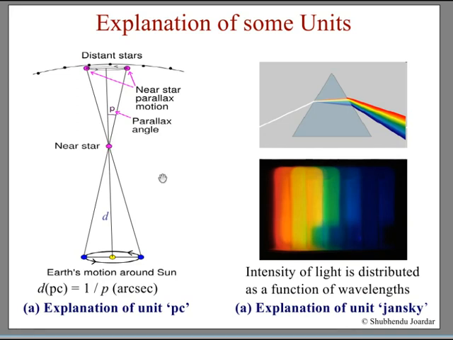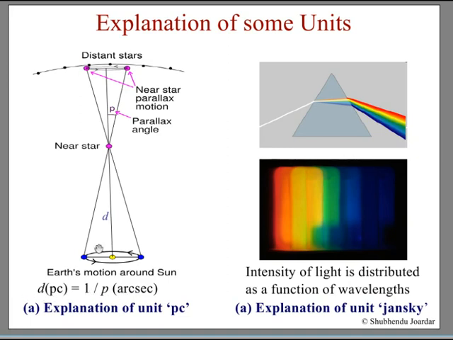Now, some astronomers find it difficult to give distances in figures, so what they do is keep it in inverse of the angle. In this case, it is in arc second.